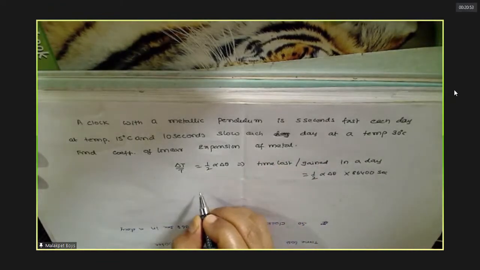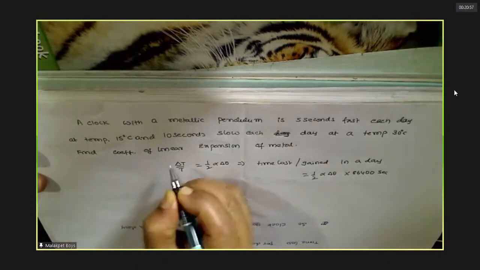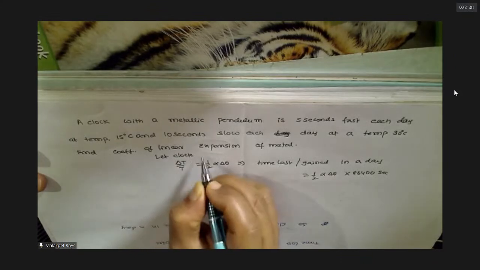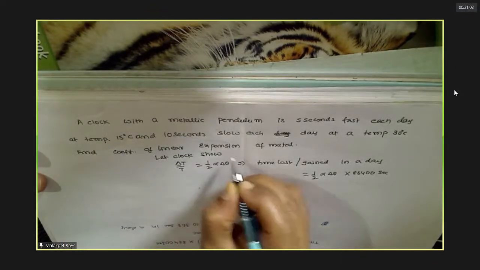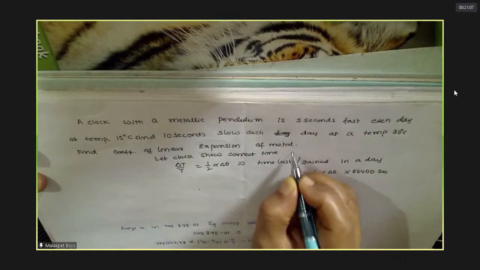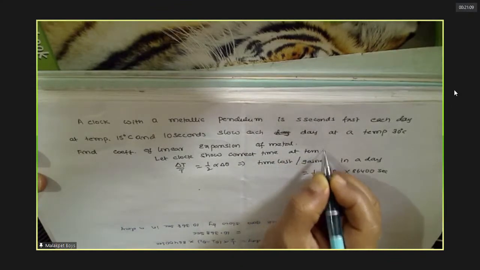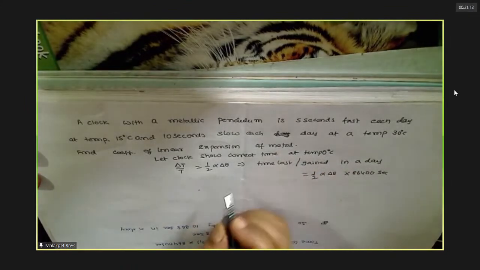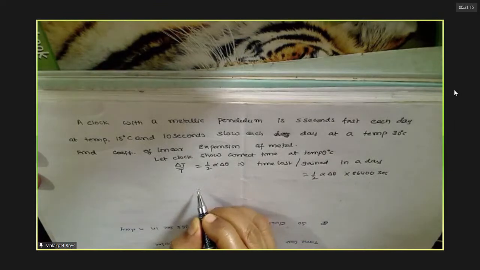Fast each day. That means the temperature is lesser, no? Let us assume the clock shows correct time at temperature theta degrees Celsius. Then 5 seconds fast. It gains, no?